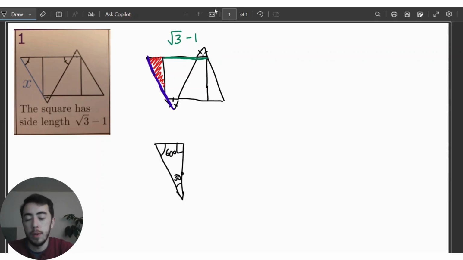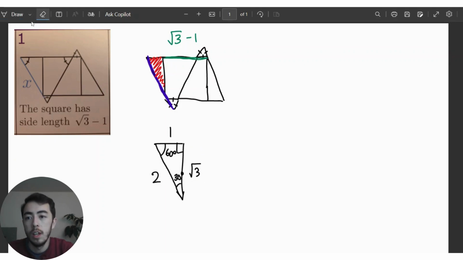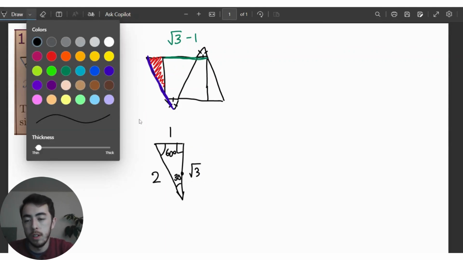These triangles have a special property where the ratio of the side lengths is fairly easy to remember. If this is a 1, you can double it to get the hypotenuse, and then you can multiply it by root 3 to get the other leg. And I'll use this idea of 1, 2, and root 3 to help me with the actual triangle in my diagram.